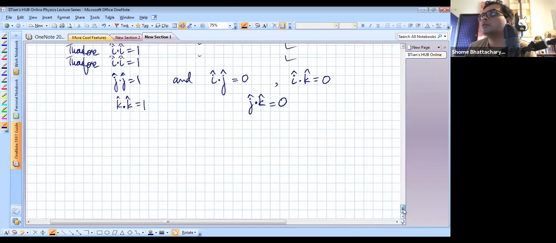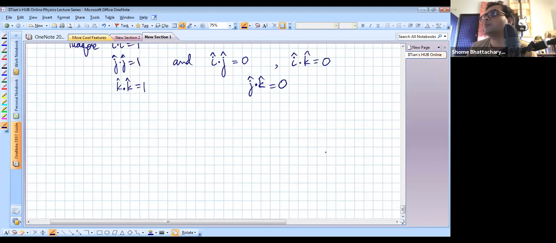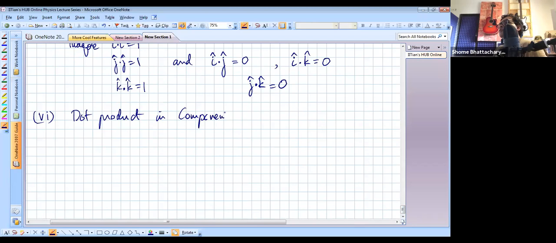Okay. So now, with this property in mind, we can develop a formula, the final one: dot product in component form. How do we calculate the dot product in component form?